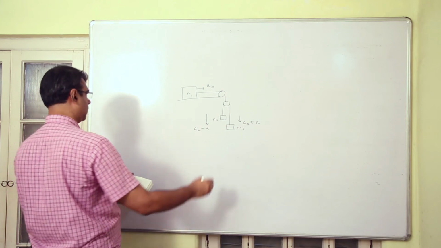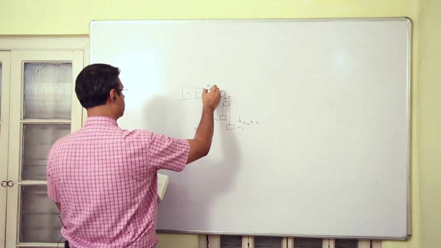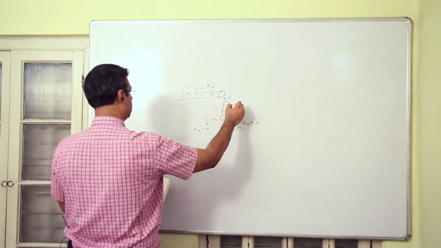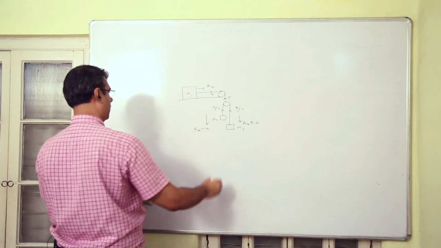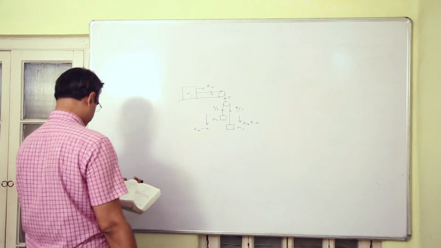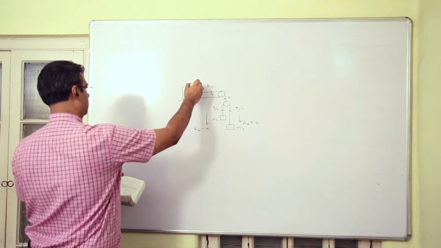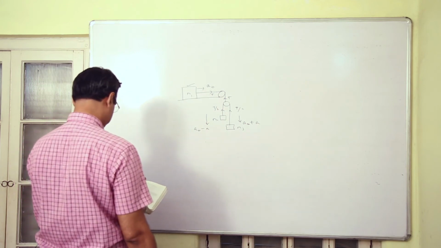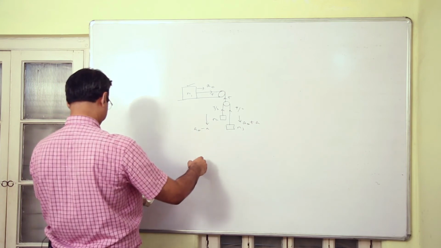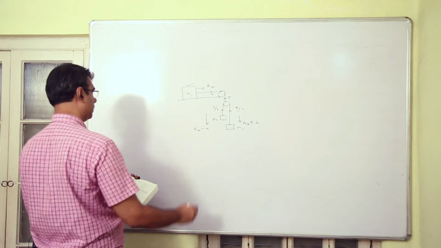Another thing is that if the tension over here is T, then it's pretty clear that the tension in each of these will be half of T. Now the question is, you have to find a0, that means you have to find the acceleration of this block. Let us first write the equations for each of these blocks.